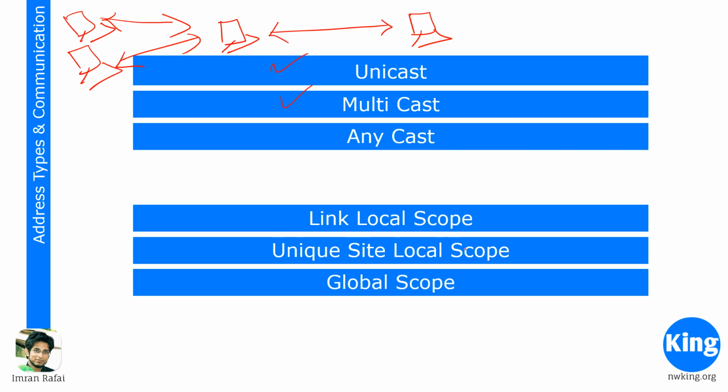And then there is another type that you don't see in IP version 4, called anycast. What is anycast? Anycast is where you have multiple devices with the same IP address, and whenever you want to communicate with that IP address, the device that is closest to you sends you the reply, right? On the internet, we already have CDN, content delivery networks. If you go to a website like youtube.com, the whole world is not served from YouTube in California.